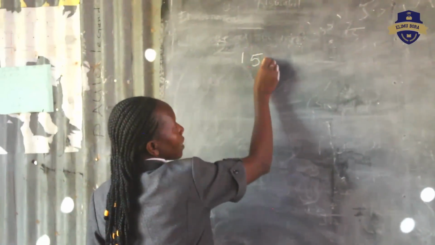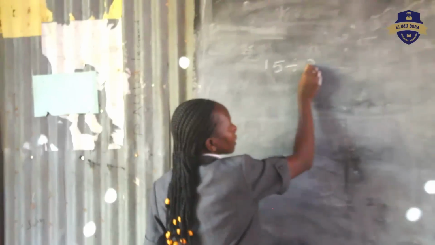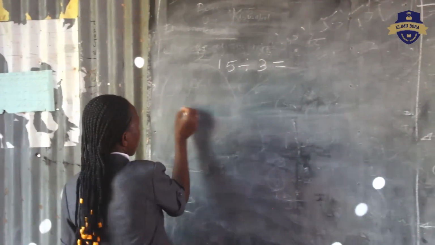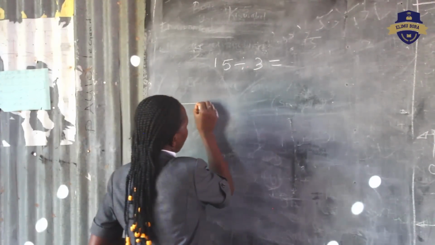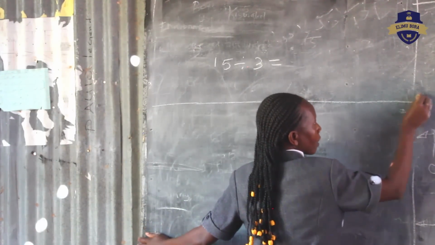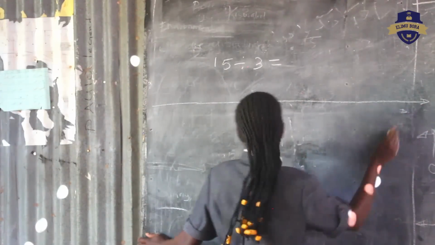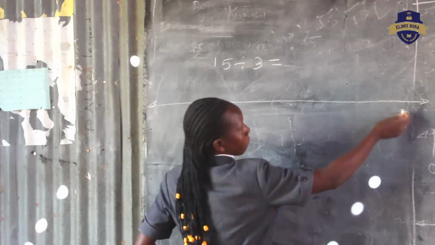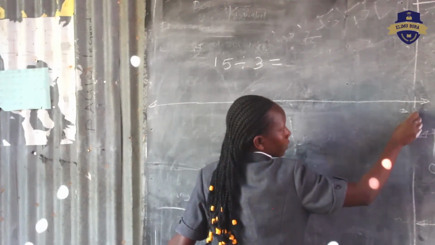Another one is 15 divided by 3. So we draw a number line like that. We start at 15 until we get to 0.